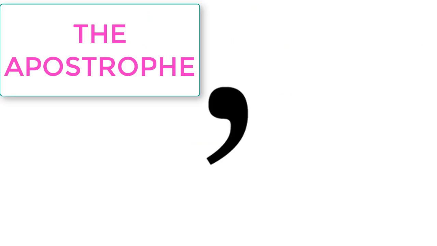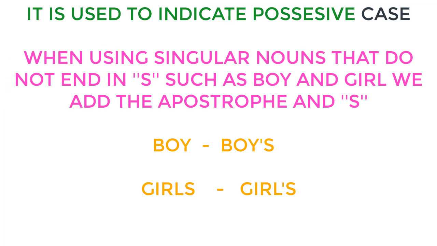Let's now shift our focus to the apostrophe. It is one of the symbols students hardly use correctly, so do well to study this lesson carefully. Firstly, it is used to indicate the possessive case. Here are a few examples.